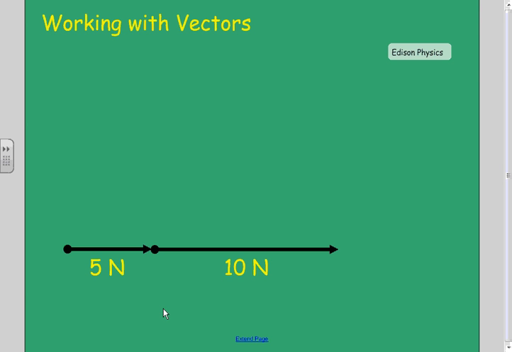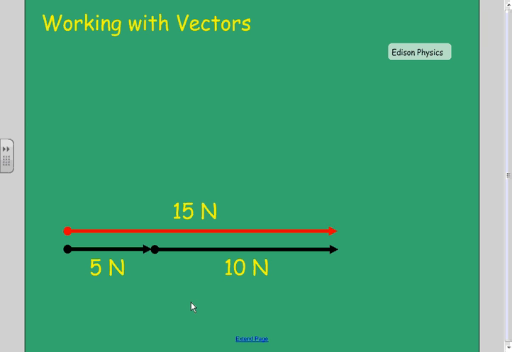Now, to find out the length of my new vector, the magnitude of the sum of these two vectors, I'm going to draw a vector that goes all the way from where the first vector started, back here, to where the last vector ended, up here. Here's what it looks like. And then I ask, what is the magnitude or length of that vector?